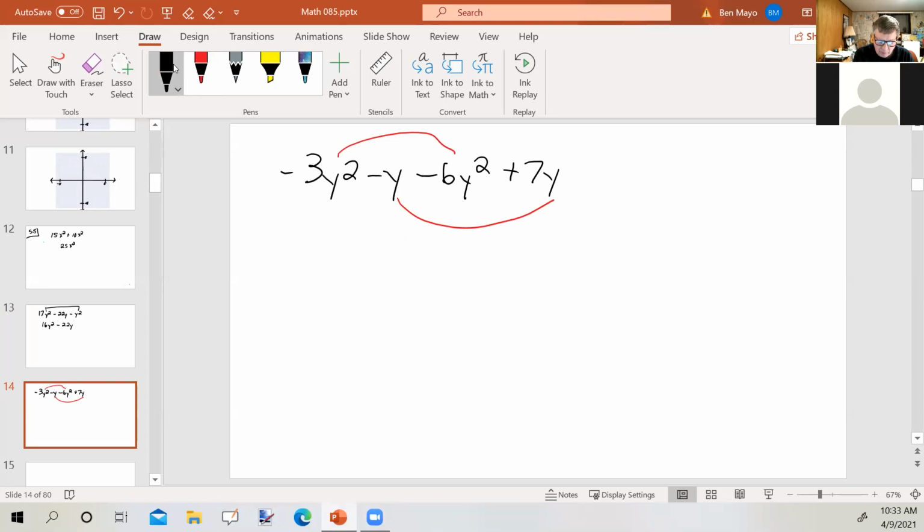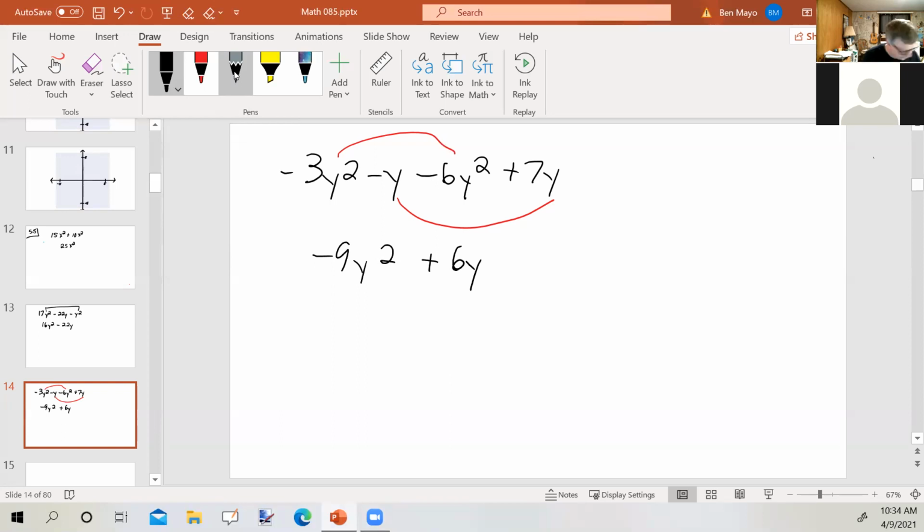Negative 3y squared minus 6 more y squared would be negative 9y squared. Negative 1y plus 7y would be plus 6y. So now we've combined like terms, and we've written the expression in descending powers of the variable y. Any questions on this example?